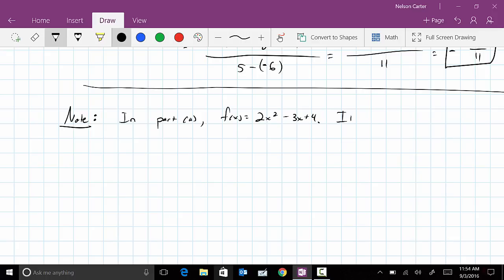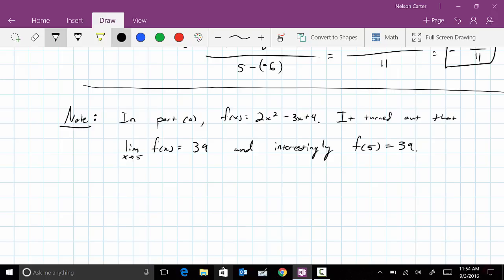It turned out that the limit as x approaches 5 of f of x was equal to 39, and interestingly, f of 5 also was equal to 39.